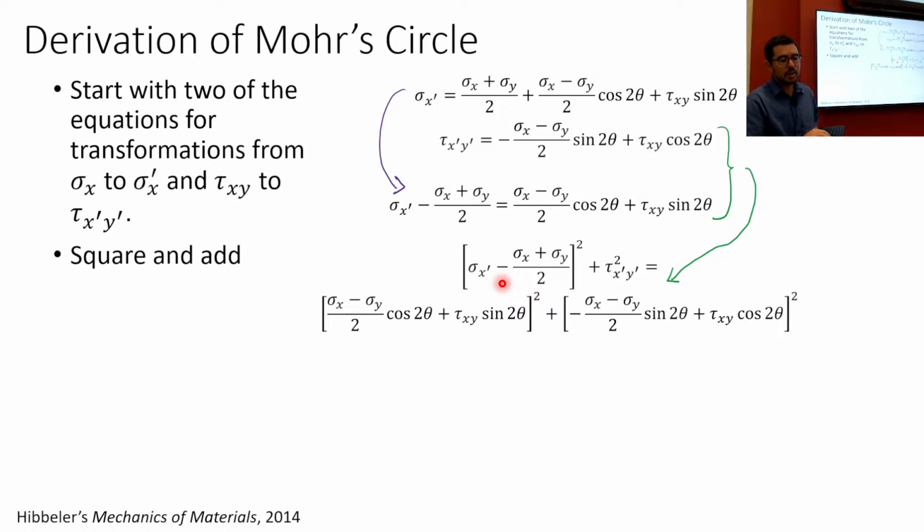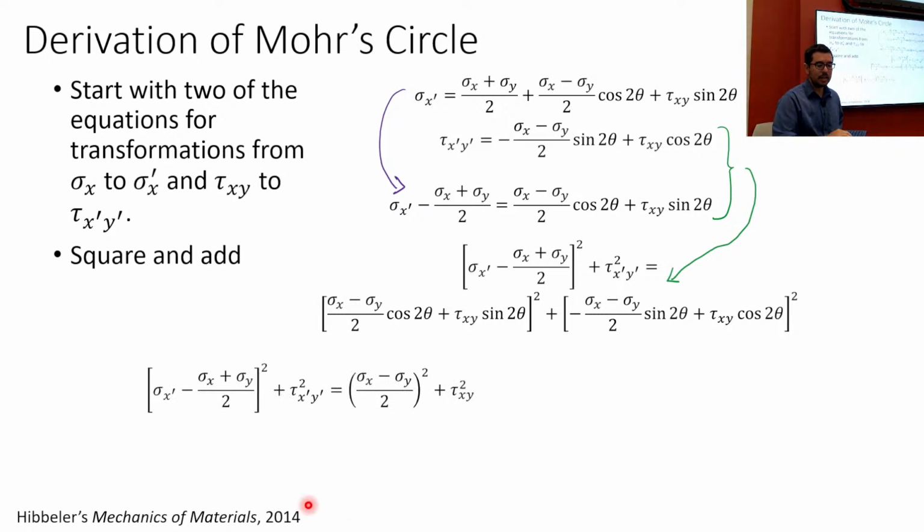We do a little bit of trigonometry or algebra, and the next thing that we get is this expression. Now, what do you see here? Something squared plus something squared equals something squared plus something squared.